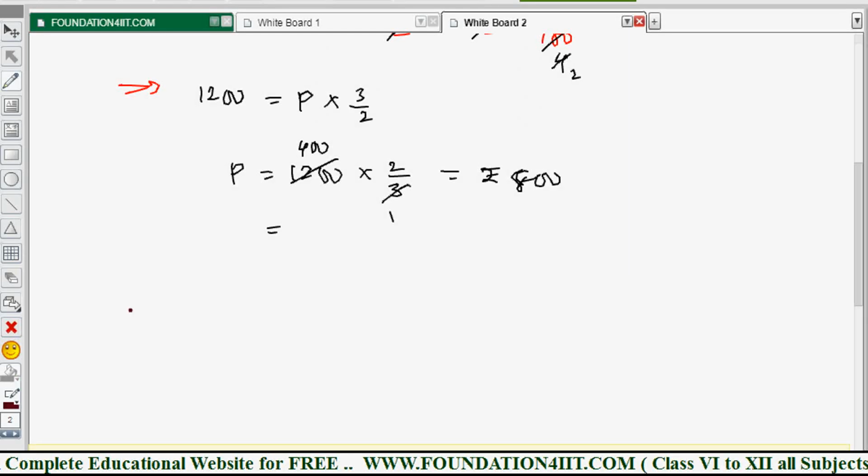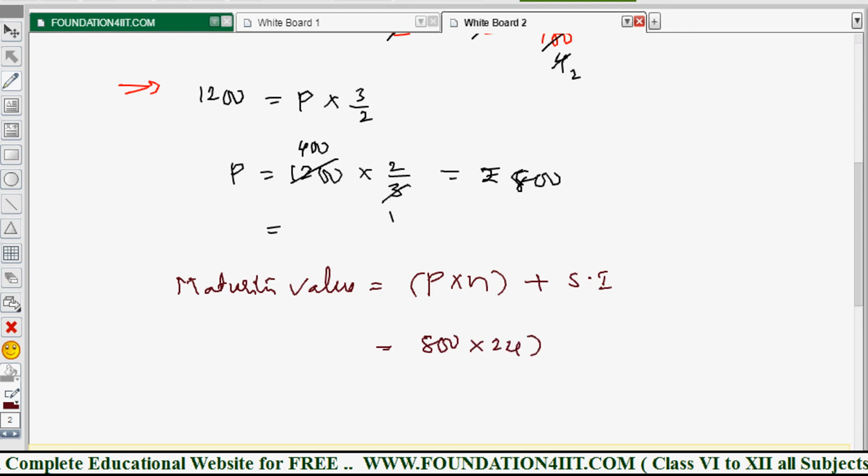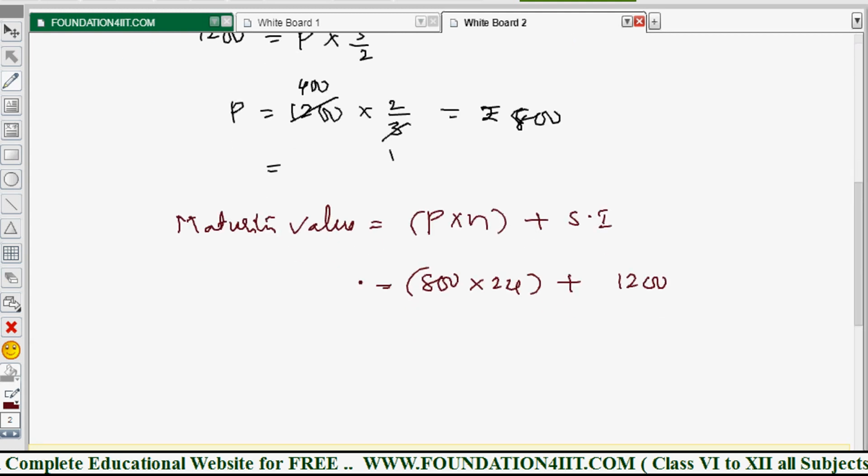Okay, it is simple. Then the maturity value is what you need to find out. So maturity value is equal to P into n plus simple interest. Now we have everything. The P value is 800, n is 24, plus simple interest given in the question, that is 1200. Just multiply and add.